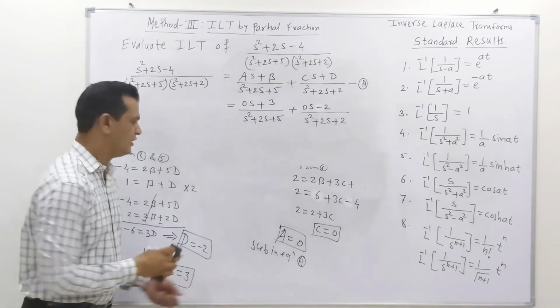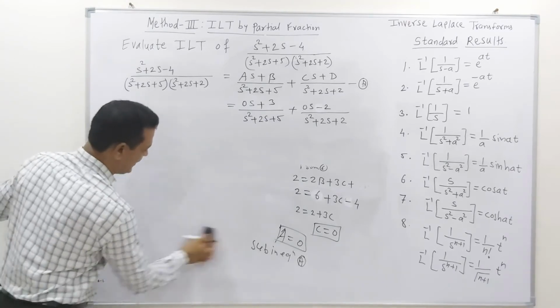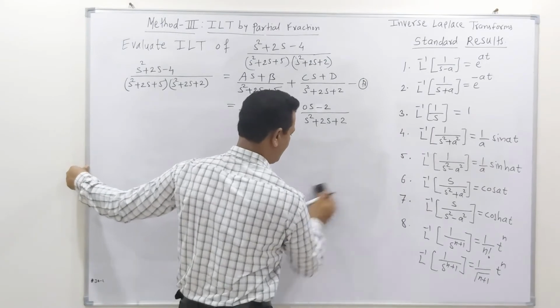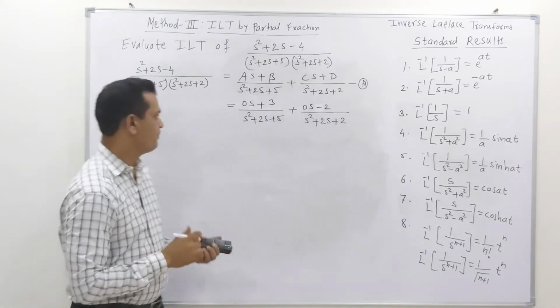So after putting the values of the constants in equation A, we get the new equation, which is the one we obtain after partial fraction.